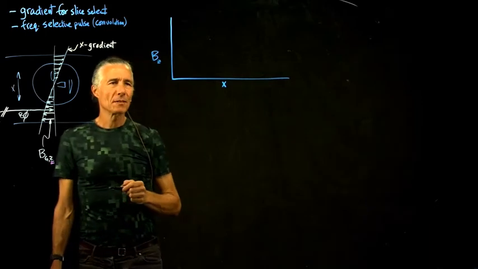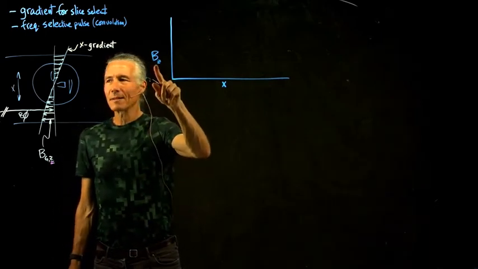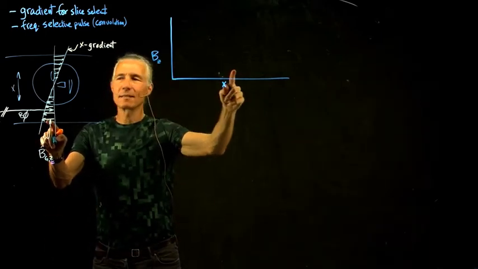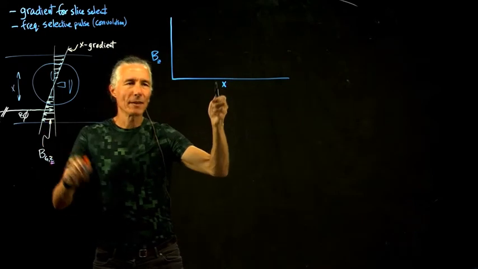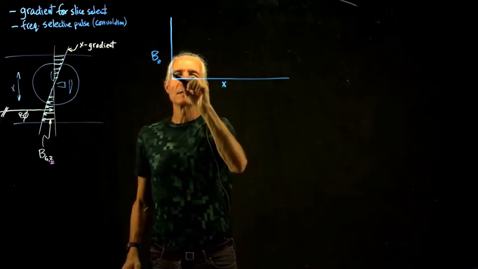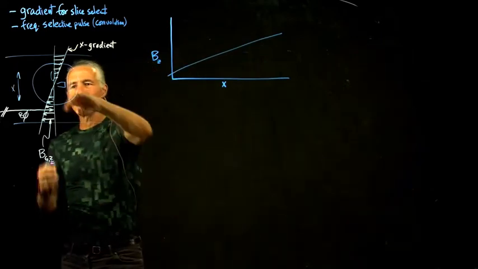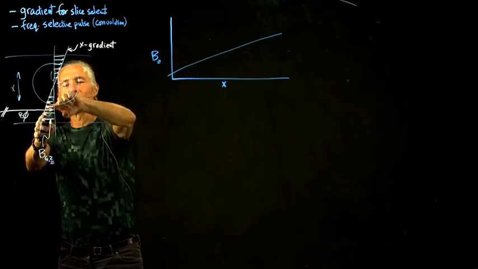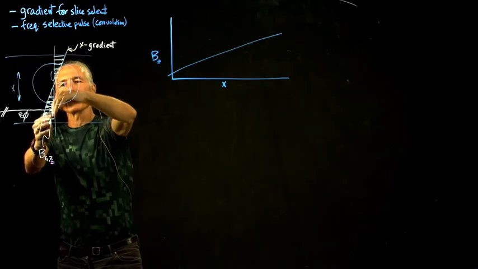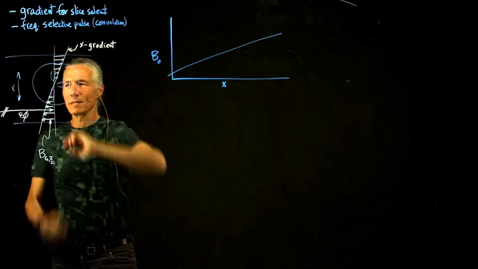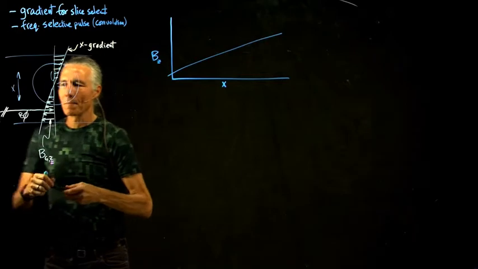We're looking at how this Bz changes as a function of where you are on the x, and it just goes up. It's a linear gradient, meaning it just adds a ramp onto this B0.